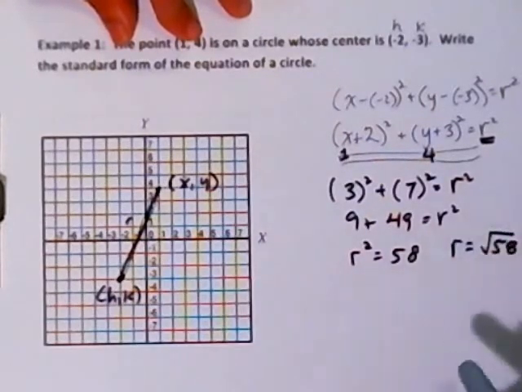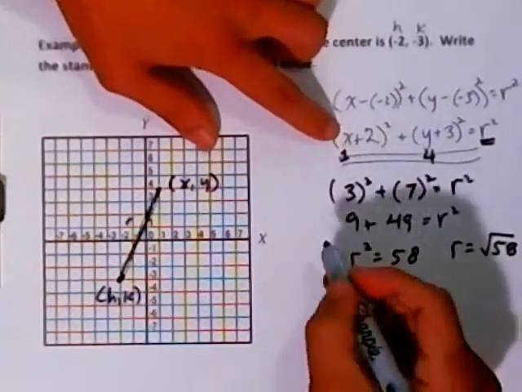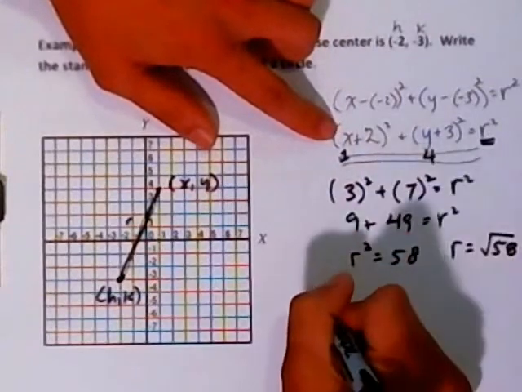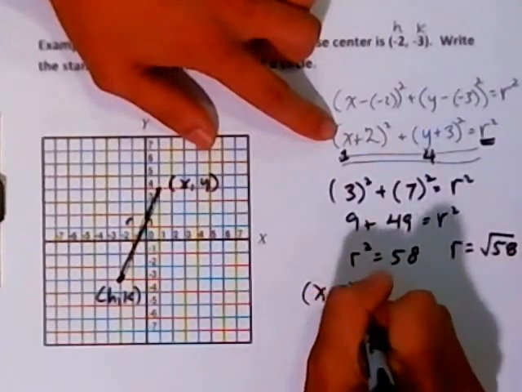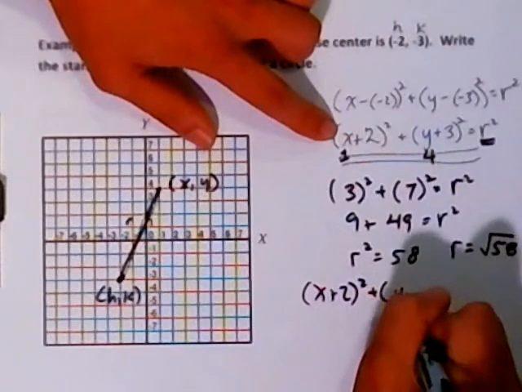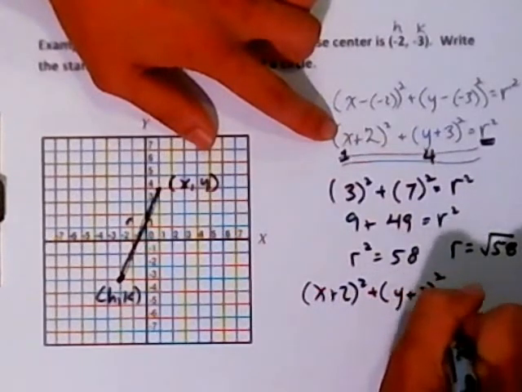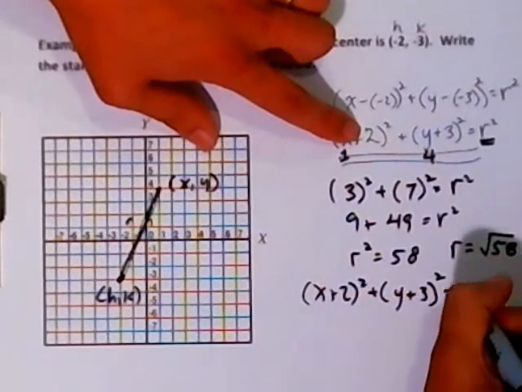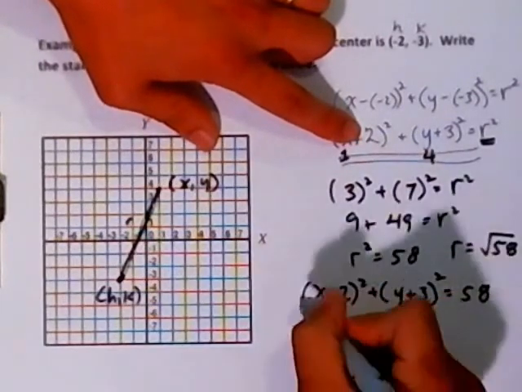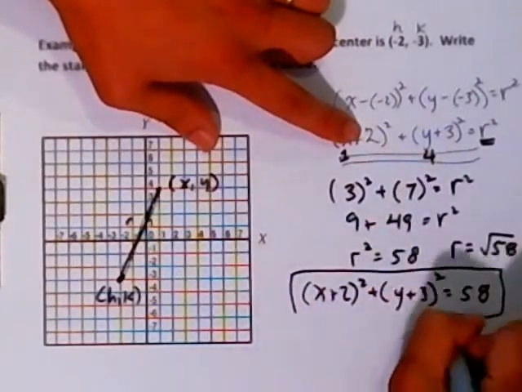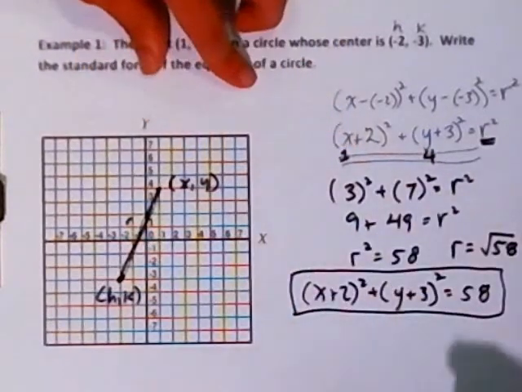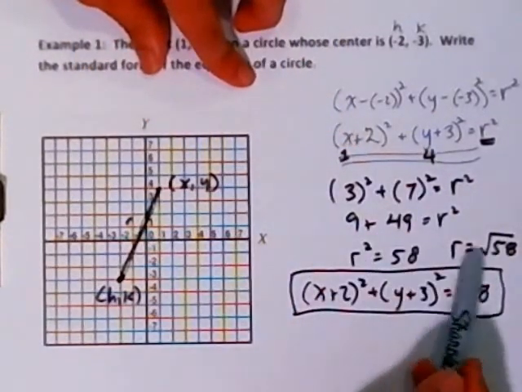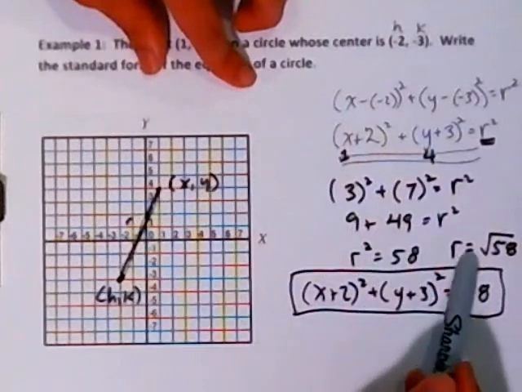So the equation becomes x plus 2 squared plus y plus 3 squared is equal to, we have to square this again, 58. Some of you are saying, wait a second, we square rooted it and then squared it back, so you didn't actually have to square root it.